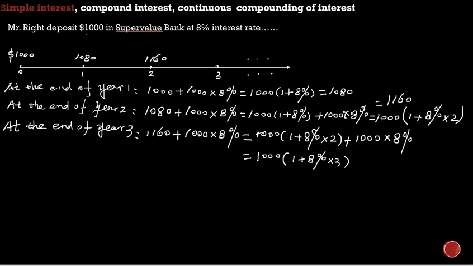So, if I ask you what Mr. Right will get at the end of year 3, do you need to go through the process? No. At the end of year 4, the formula is 1 plus 8% times 4.